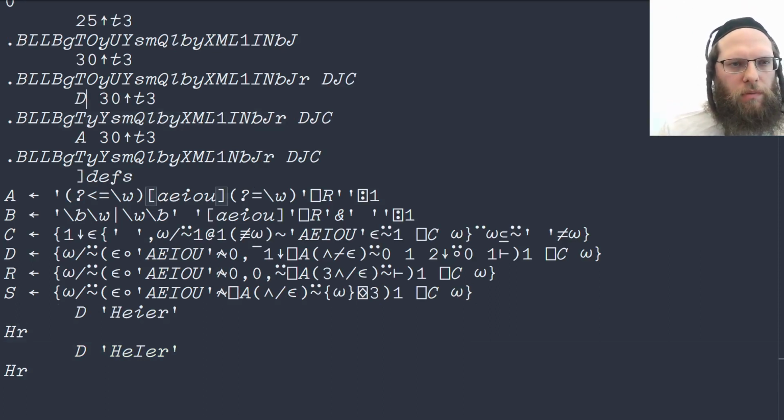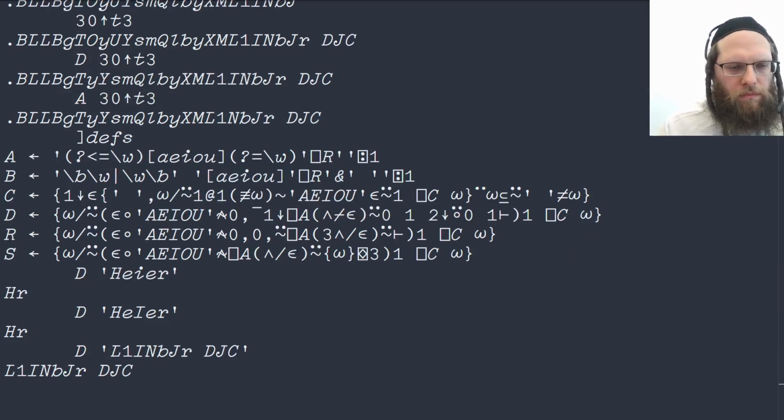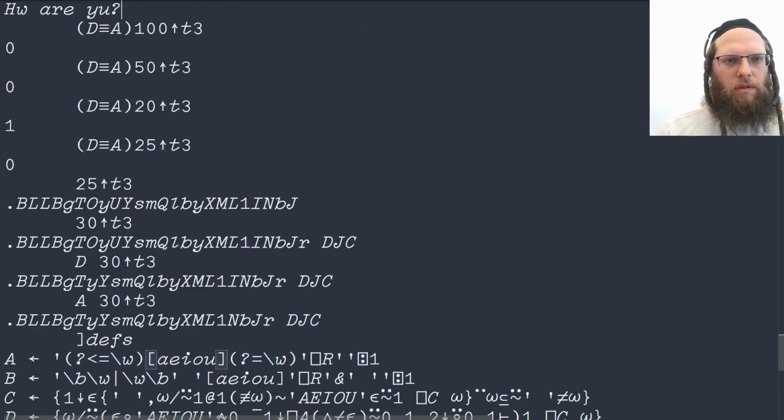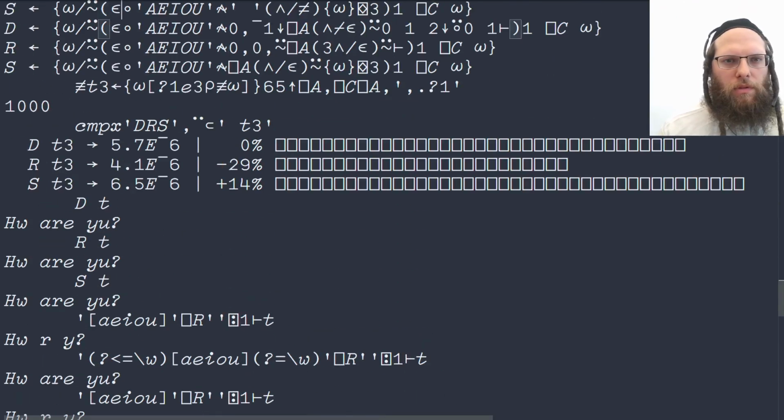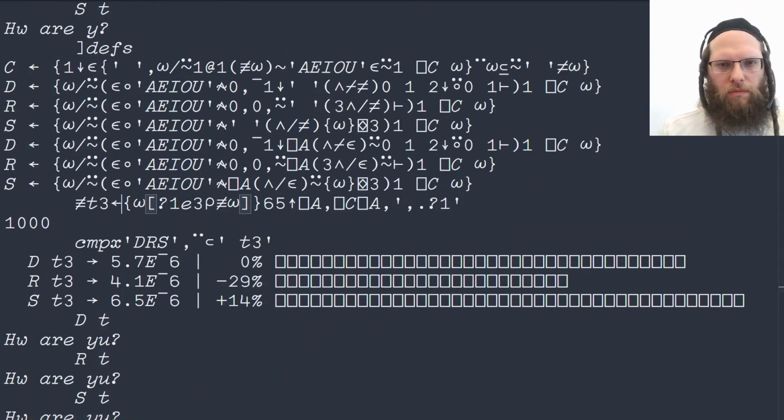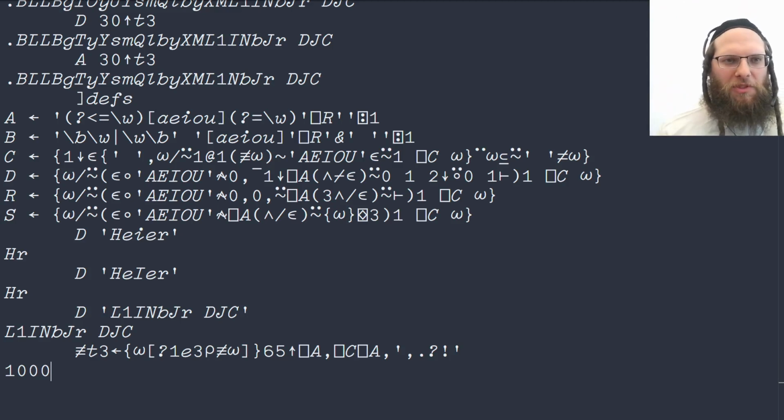So what's going on here? Why is D not removing this? Oh, I see. Did I put in digits by mistake in our test data? That's what it is. Oh yes, I put in a 1 over here. That should have been an exclamation point. So much for that. That was some troubleshooting right there.